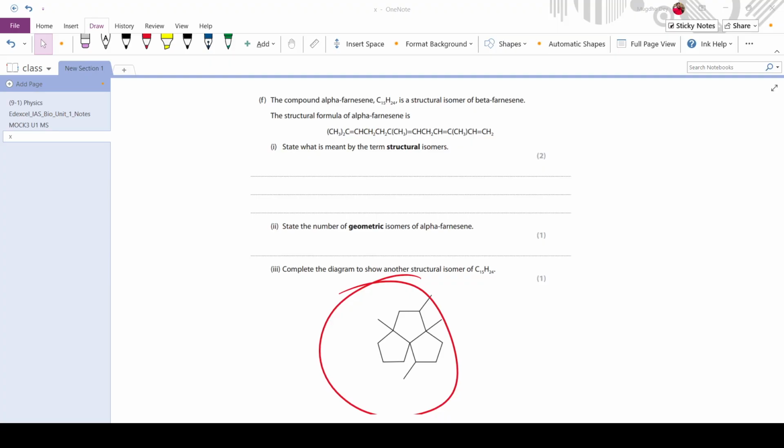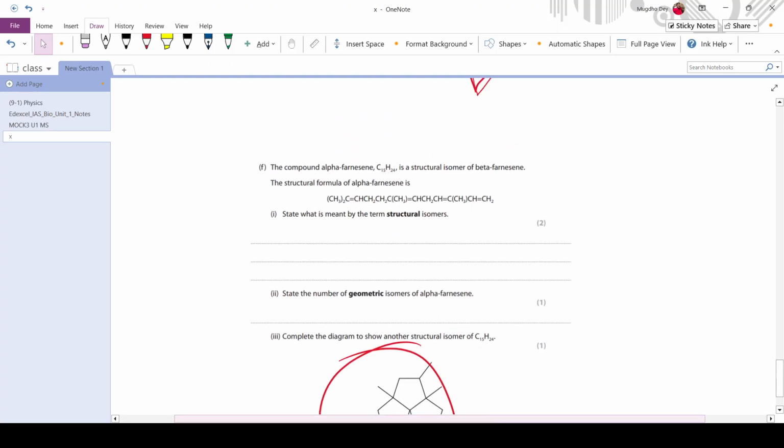Okay, one minute. Anyways, state the number of geometric isomers. So they're trying to say how many. What was the answer that you got? What was written in the answer, Rakshit? No, no, I see four was written. I can see the mark scheme there. There are four.